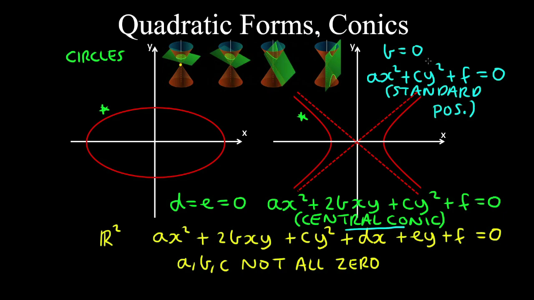So the central conics in standard position include ellipses and hyperbolas with their foci on either the x or y axis. So for example, you may have a hyperbola that looks something like this. So in this case, the foci would be on the y axis.